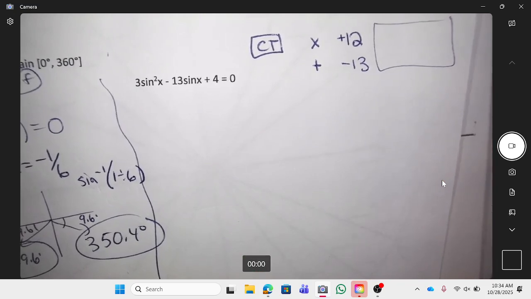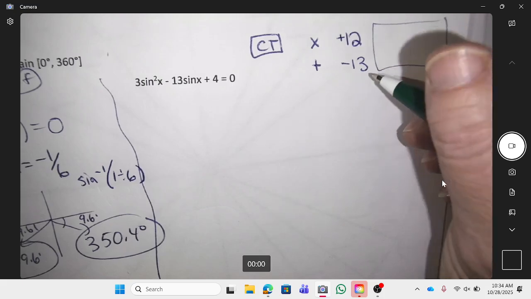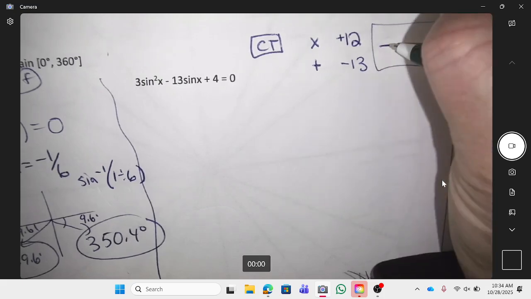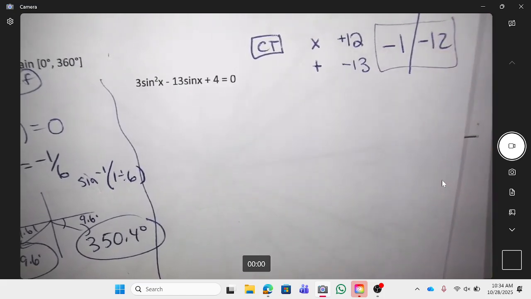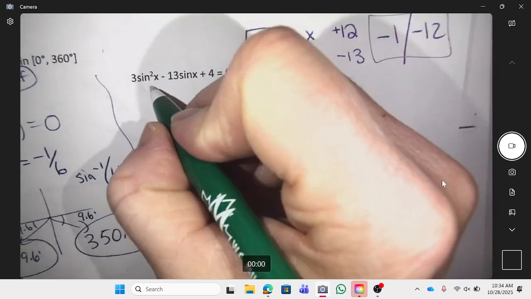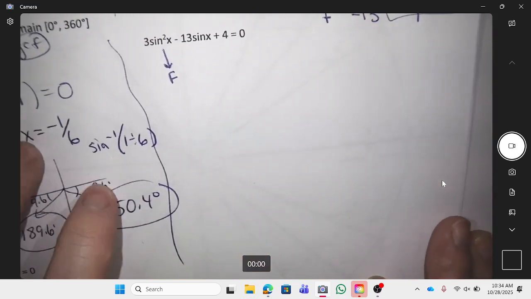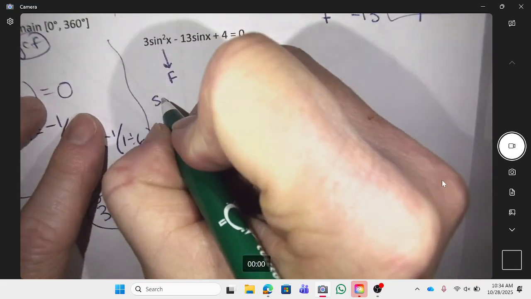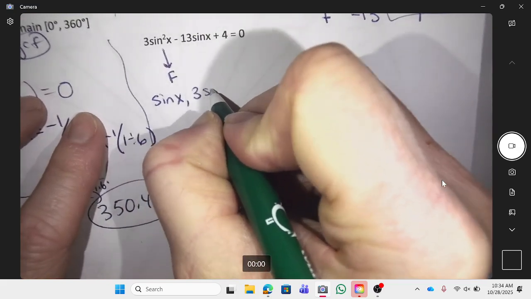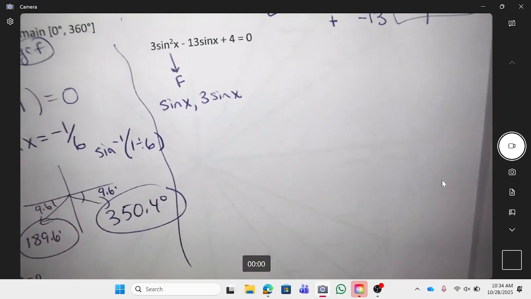What are your 2 numbers that you can multiply to 12 to get to that 13? So that's what I'm looking to make as it factors. We found a set, we can factor this. Okay, tell me what kind of bracket FF could make me a 3 sine squared. Sine x times 3 sine x.